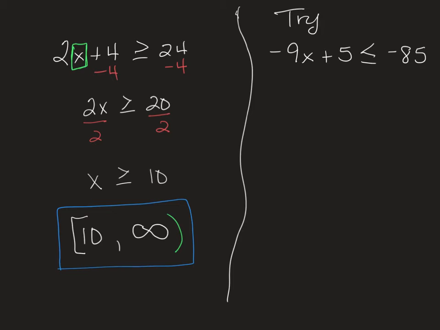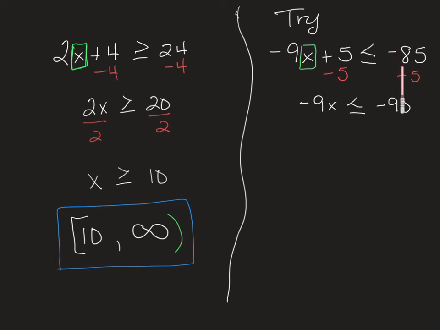Okay, so for this one, it states that negative 9x plus 5 is less than or equal to negative 85. I want to get my variable alone. I'm going to start by subtracting off 5 from both sides. That's going to leave me negative 9x is less than or equal to negative 95.